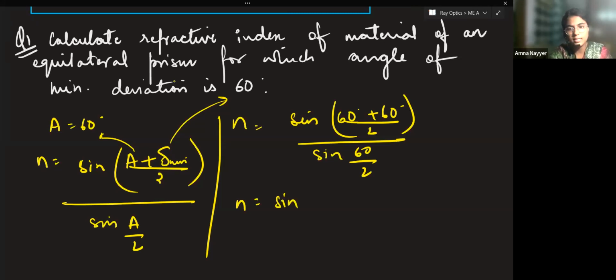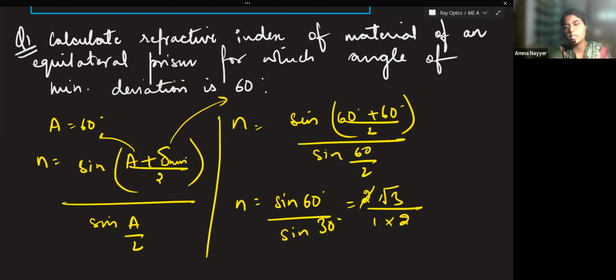So sine 60 degrees divided by sine 30 degrees. Sine 60 degrees is root 3 by 2, sine 30 degrees is 1 by 2. So the refractive index is root 3. All right, note it down. We'll do some more questions on this.